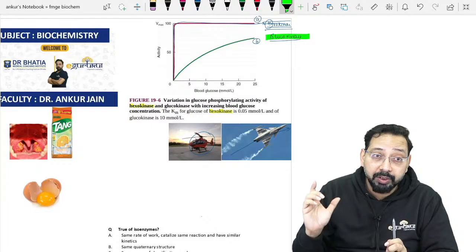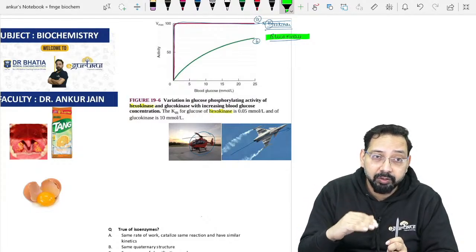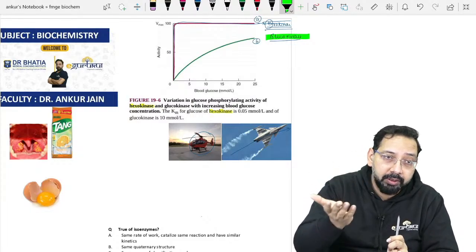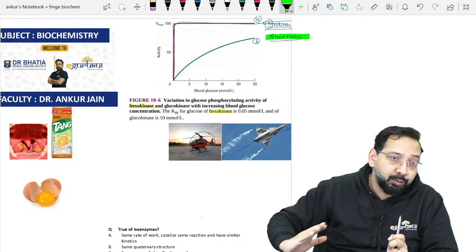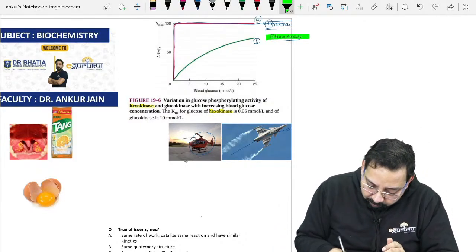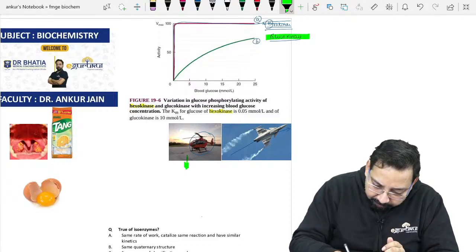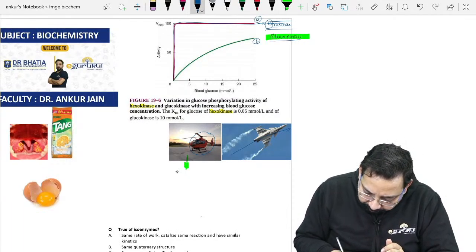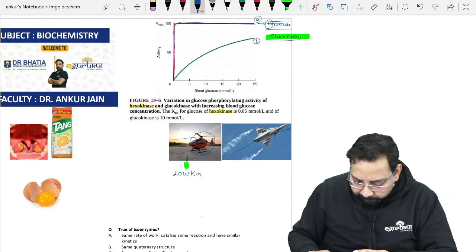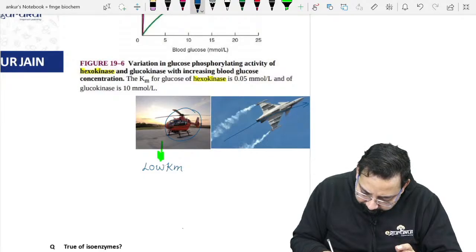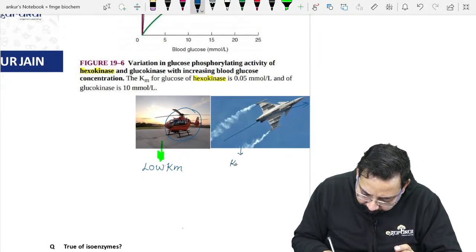If you want to travel a long distance, like dropping a bomb on another country, you will use a jet. So hexokinase has low Km and glucokinase has high Km.